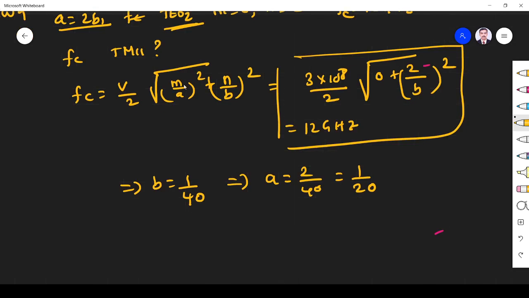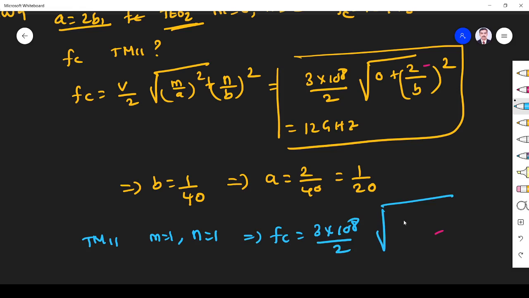When you want to find the cutoff frequency, we need m and n. So here, what they ask is the cutoff frequency for TM11. So here m is equal to 1, n is equal to 1, and the A, B values we know. So this implies f is equal to v by 2, right? m is 1, A is 1 by 20 whole squared, B is 1 by 40 whole squared.